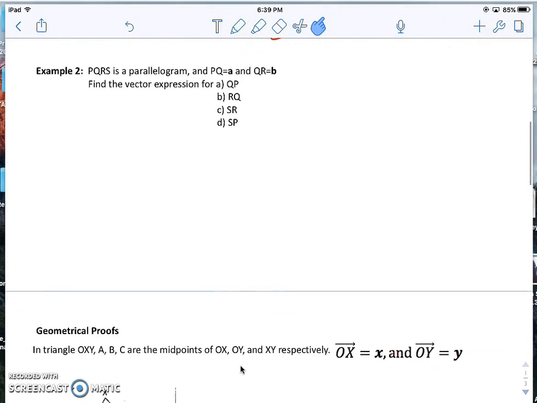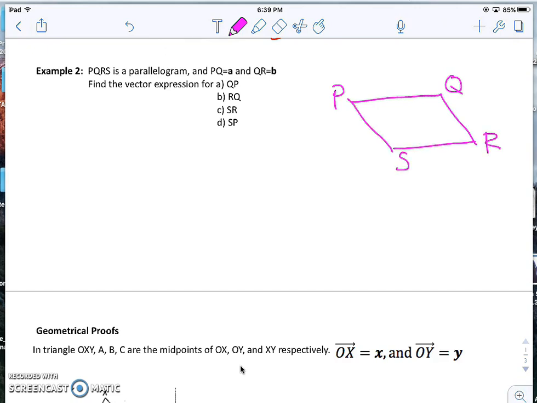So this next one here, let's see. PQRS is a parallelogram. PQ is A. So let's draw a parallelogram, PQRS.